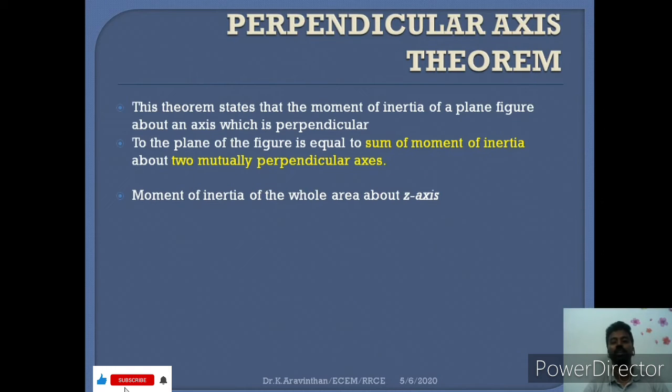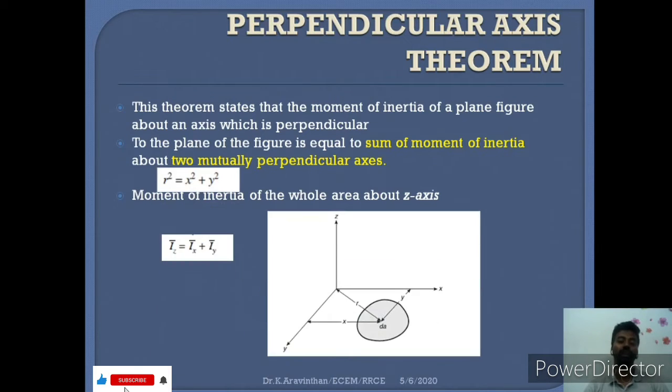This theorem is generally used for identifying moment of inertia of a circular section. Perpendicular axis theorem is used for identifying the moment of inertia about the z-axis. If you are having a symmetrical object, you know the moment of inertia of two sides, that is x-axis and y-axis.